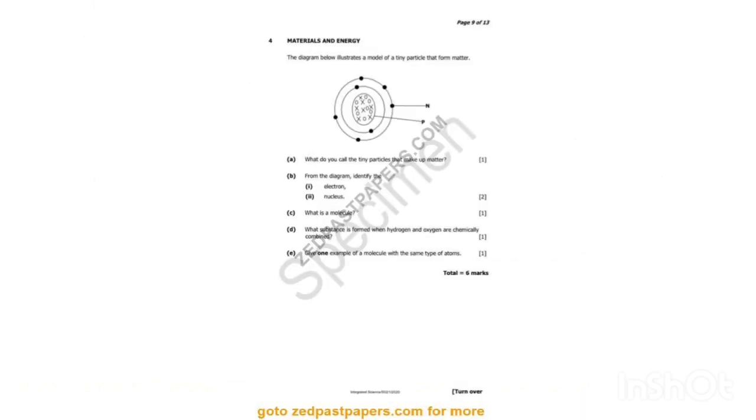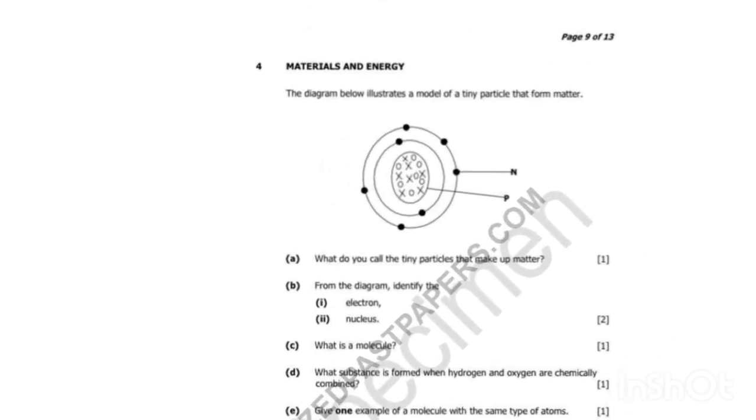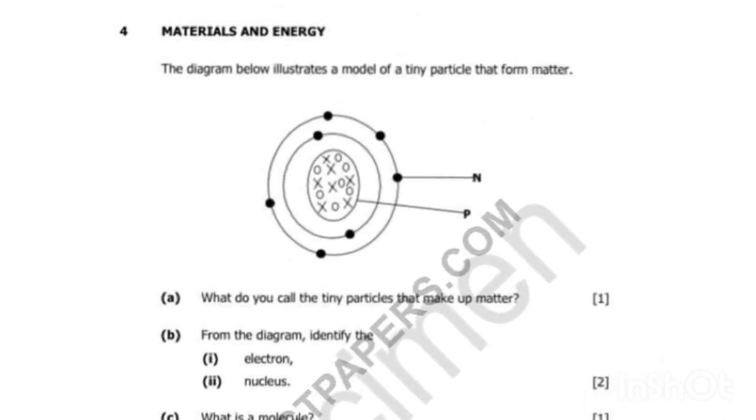We go to question 4. We see this is an atom. It's under materials and energy. The diagram below illustrates a model of a tiny particle that forms matter.